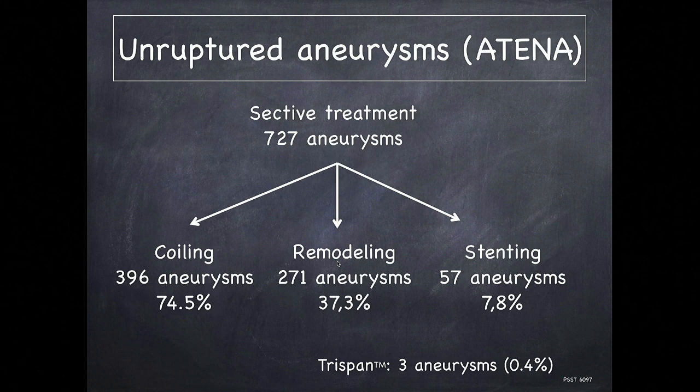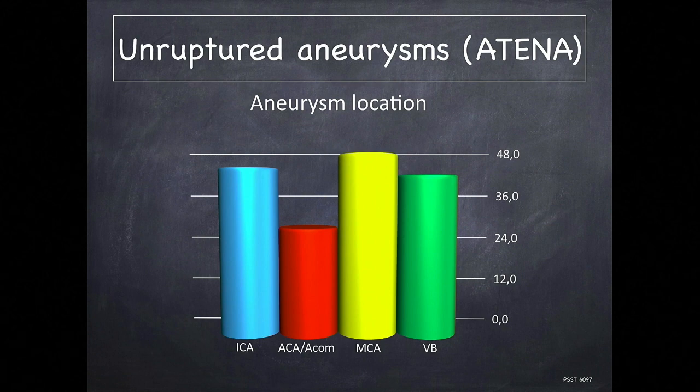So he did compare the two groups of patients. This is the location of the aneurysm, and you see that you have a lot of MCA aneurysms because they are treated in France through endovascular approach, and of course, ICA and anterior cerebral artery aneurysms.